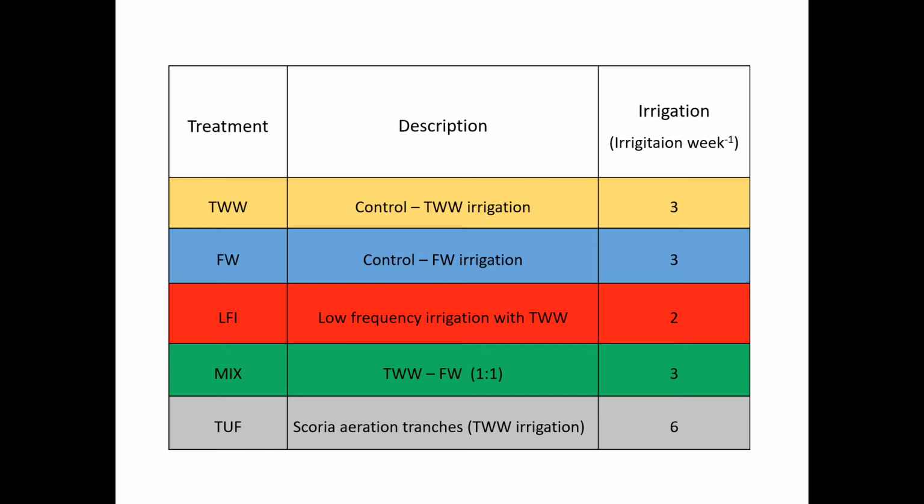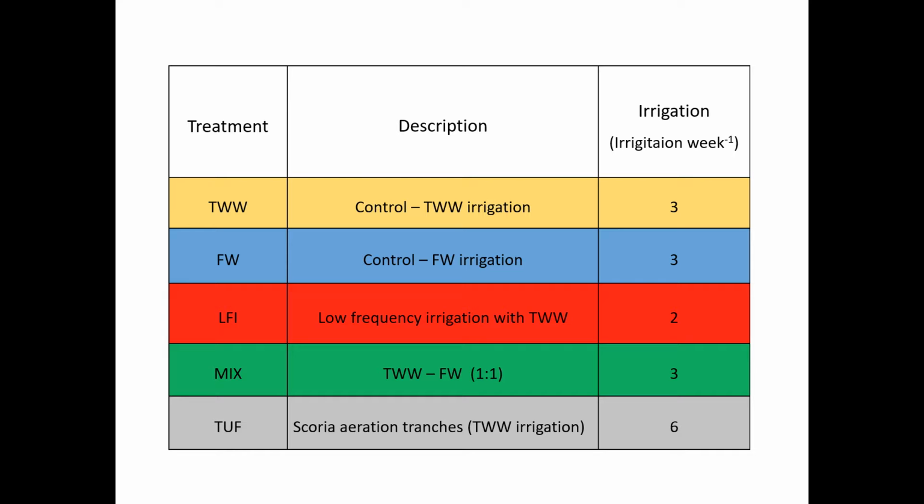And then we had a treatment of low frequency irrigation with treated wastewater, where we irrigated only twice a week, and not 3 times a week. So after each irrigation, the soil has more time to recover. The moisture content in the soil has the opportunity to decrease and therefore improve the aeration in the root zone.